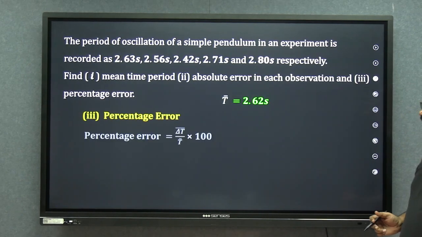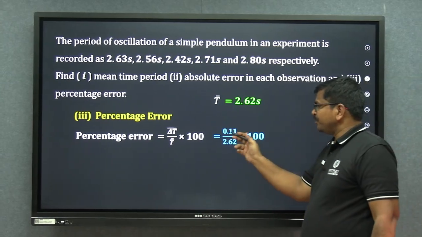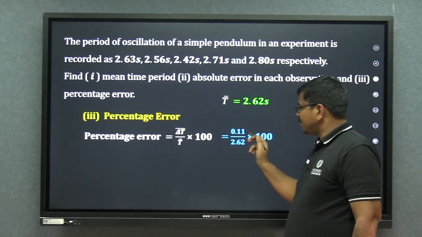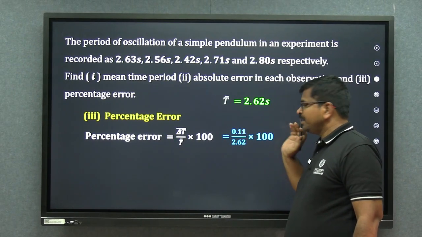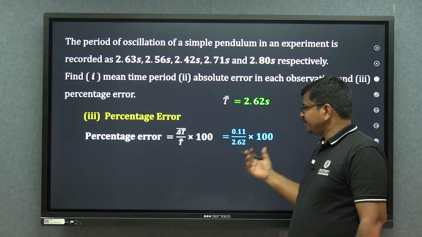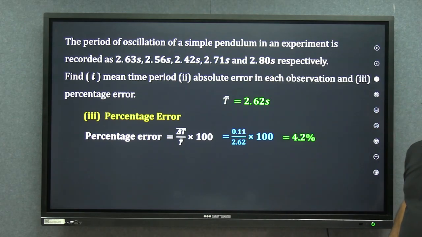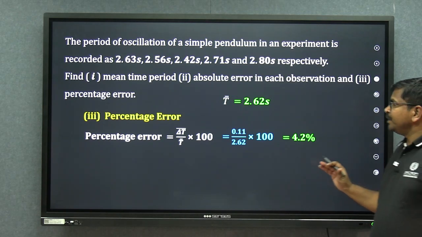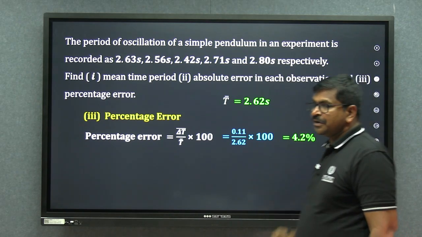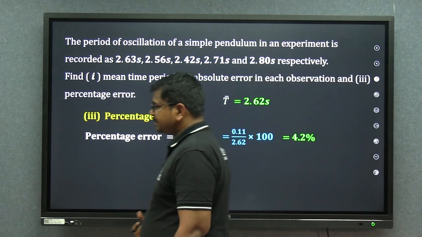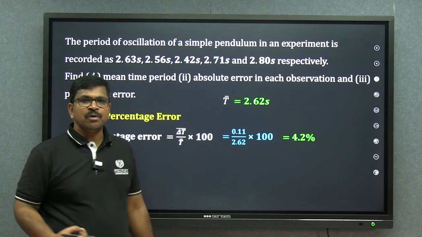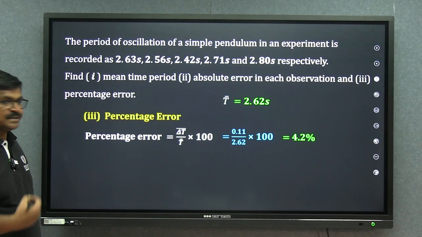Again we will be getting this one as 0.11, and that is compared with the true value 2.62 into 100. So the simplification of this one will be 4.2 percentage. So this will be your percentage error, third question. So my dear students, I hope you have understood how to deal with this kind of questions.